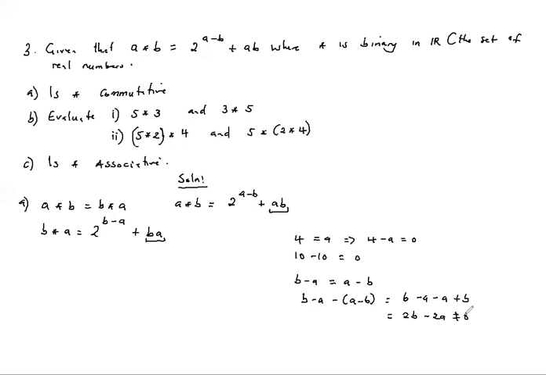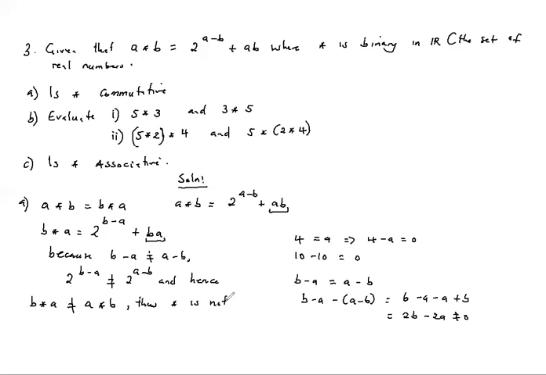So because B minus A is not equal to A minus B, 2B minus A is not equal to 2A minus B, and hence B star A is not equal to A star B. Thus, star is not commutative.